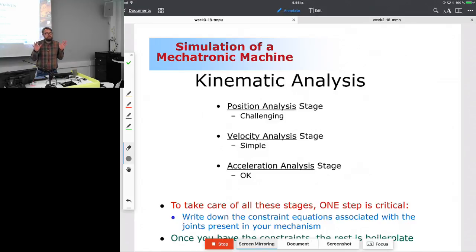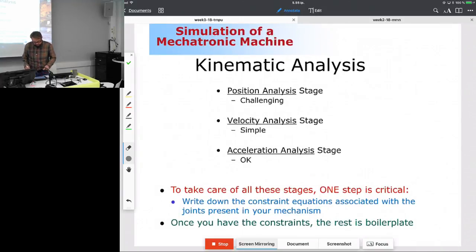Position analysis is a little bit challenging because we have to use iterative methods, Newton-Raphson or others, but we're going to use Newton-Raphson. With a certain number of iterations, we can get an accurate definition of position at a certain time. Once we have position, then we can solve the velocities and accelerations. That's how the whole procedure goes.